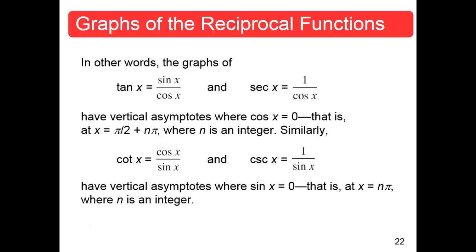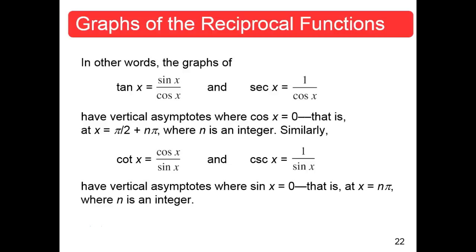So since you know where they are, put them in their place. But you see it's even easier here. Go and plot the cosine first. Everywhere it crosses the x-axis, draw a vertical asymptote. So for secant, that would be at your half pi's. For cosecant, that would be 1 over sine. Those would be the whole pi's. So vertical asymptote wherever either sine or cosine is equal to 0.